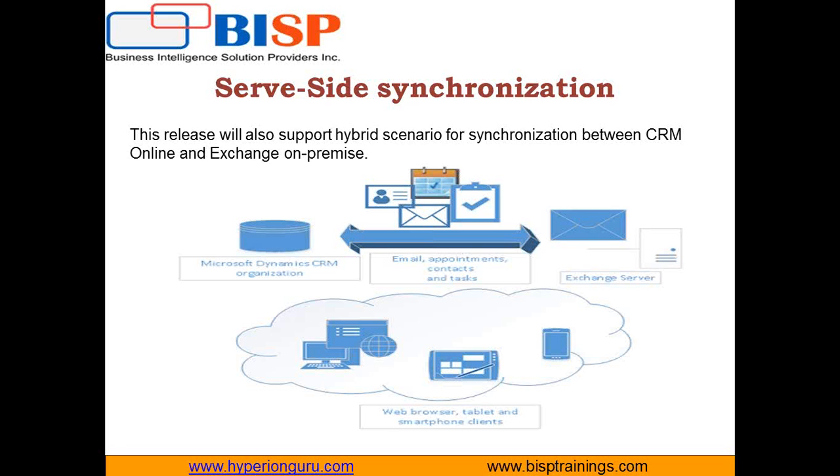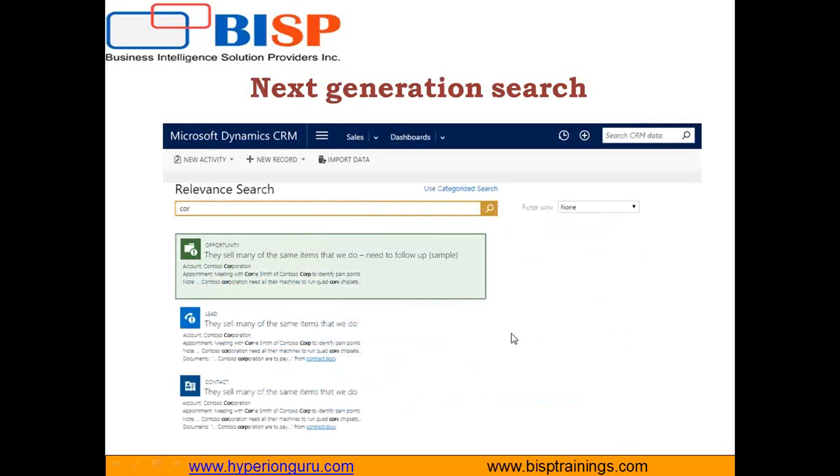This includes the two-way, bidirectional synchronization of email, contacts, tasks, and appointments. The data synchronization for each user can be controlled by using synchronization filters that are available from the synchronization tab in the Microsoft Dynamics CRM user options dialog. So the synchronization can be done easily between the various devices.